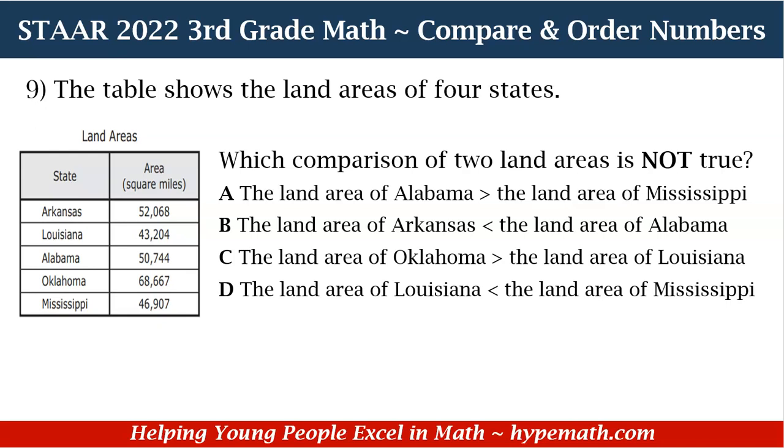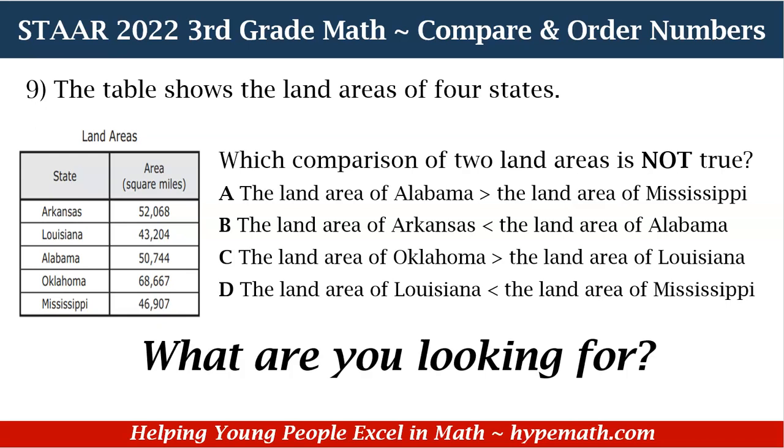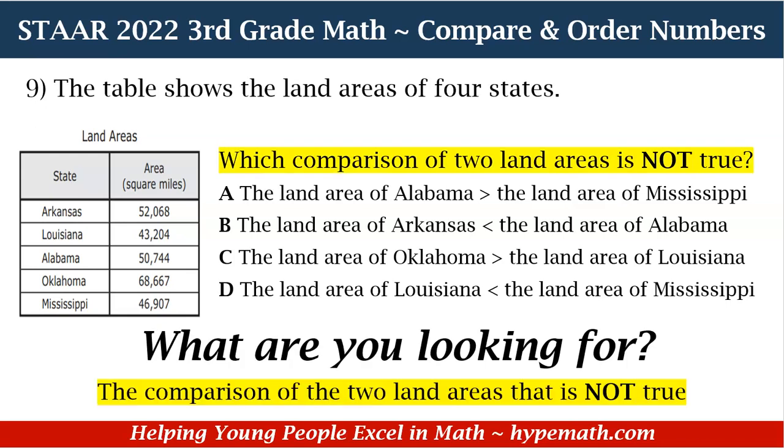Or D, the land area of Louisiana is less than the land area of Mississippi. So what's our most important question? What are we looking for? We are looking for the comparison of the 2 land areas that is not true, which means it's false, it is wrong, okay?